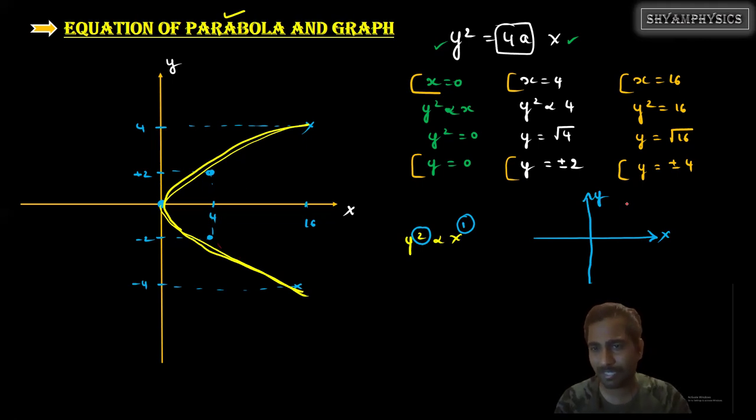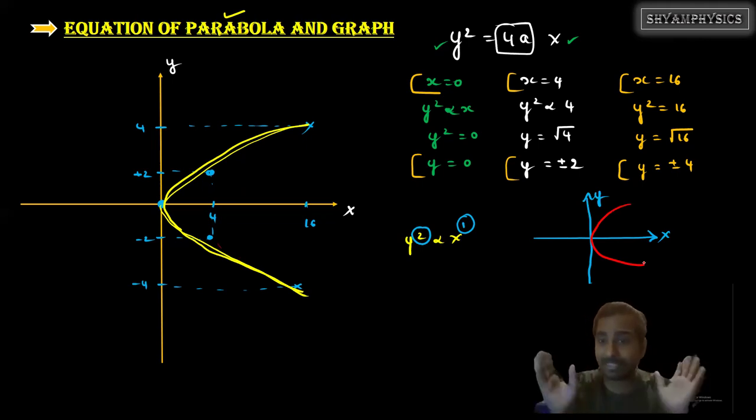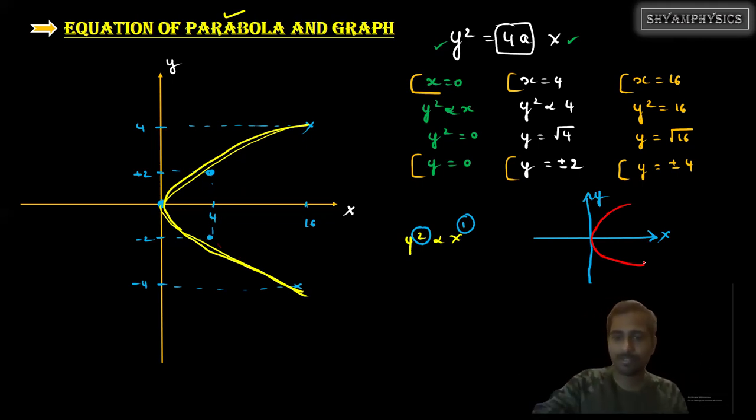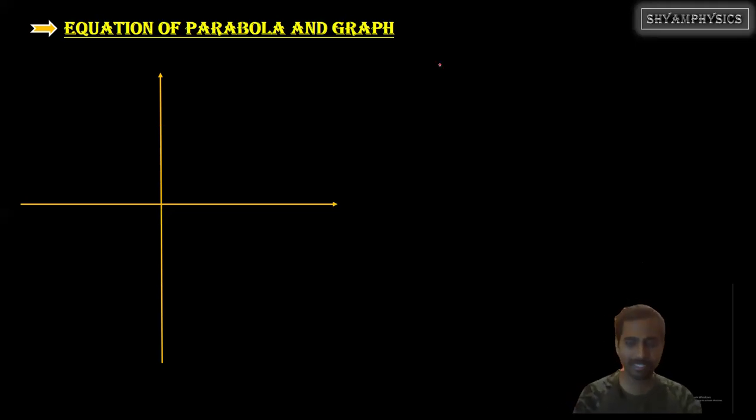Simple. I will write it like this. Identify the nature of the graph in this pattern. We'll do one more. Now we'll write the equation once again. Check once: this is the x-axis, this is the y-axis. I'm writing y square equals x.